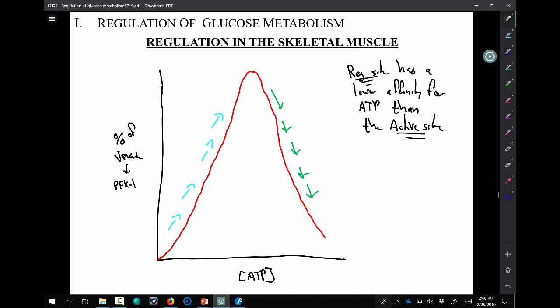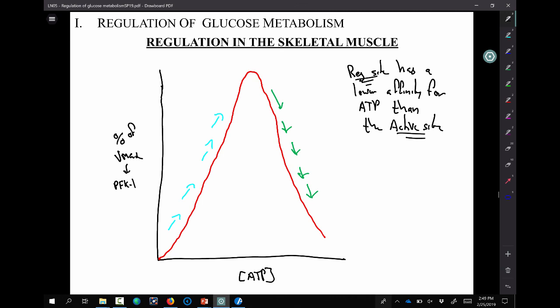So at certain ATP concentrations, when it's low enough, ATP is really only occupying the active site. A very small amount is occupying the regulatory site, and so the majority of the molecule will be in the R state. As ATP concentrations go up, you'll see this increasing rate.